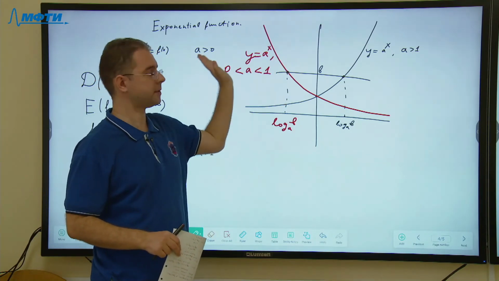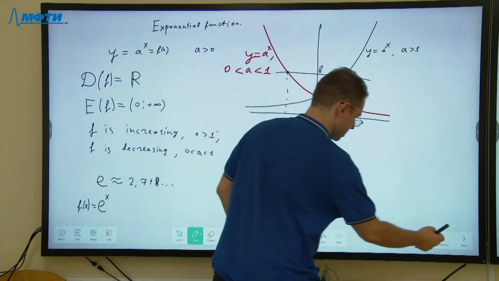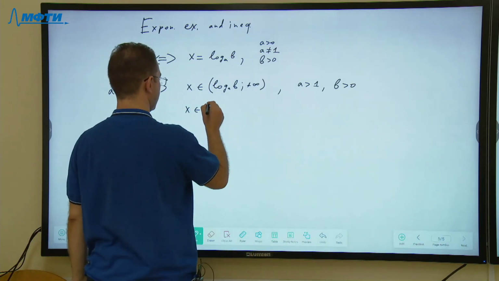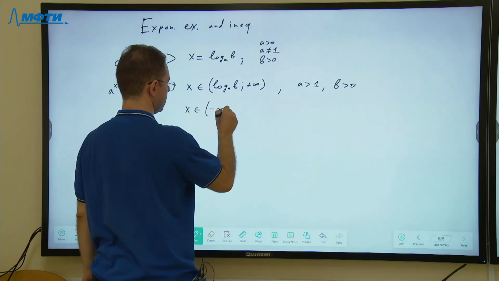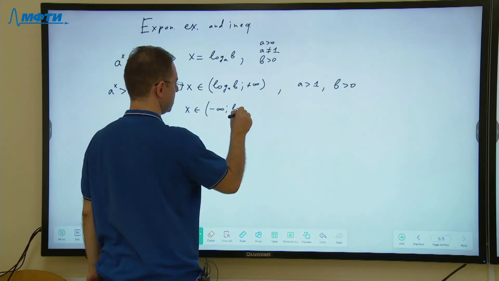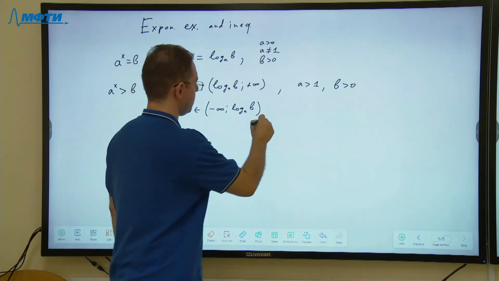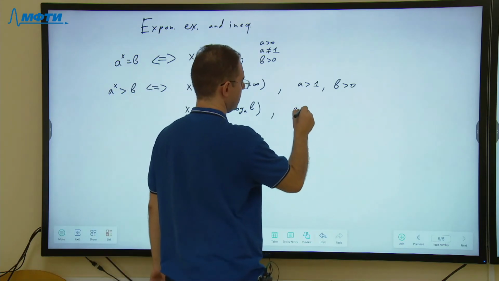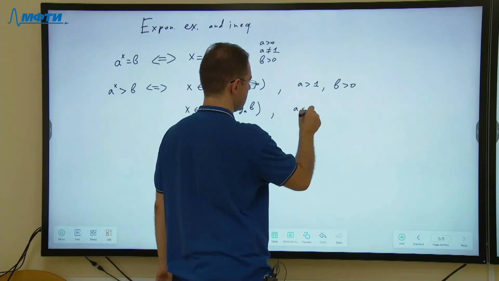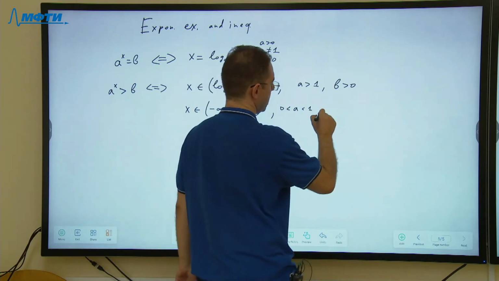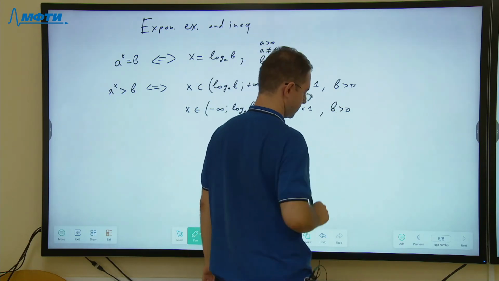So from minus infinity to log base a of b, provided that a is less than 1 but greater than 0 and b is positive.